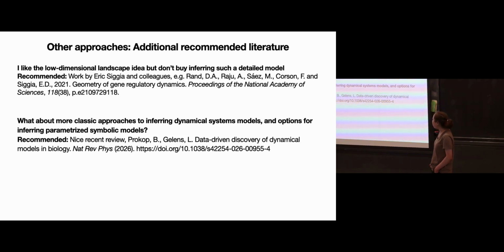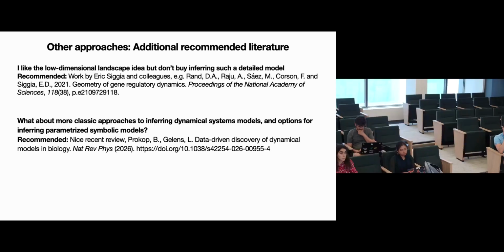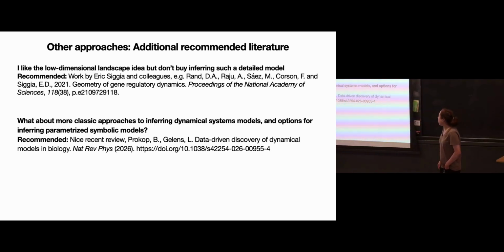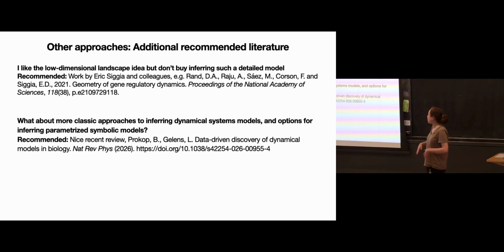And then finally, I have certainly not read this paper in detail because it just came out last week, but it looked quite nice. It's a reference to a paper about inferring dynamical systems type models in biology that talks more about things like Koopman operators and so forth, inferring functions over other bases, things that are primarily a little bit more classical.